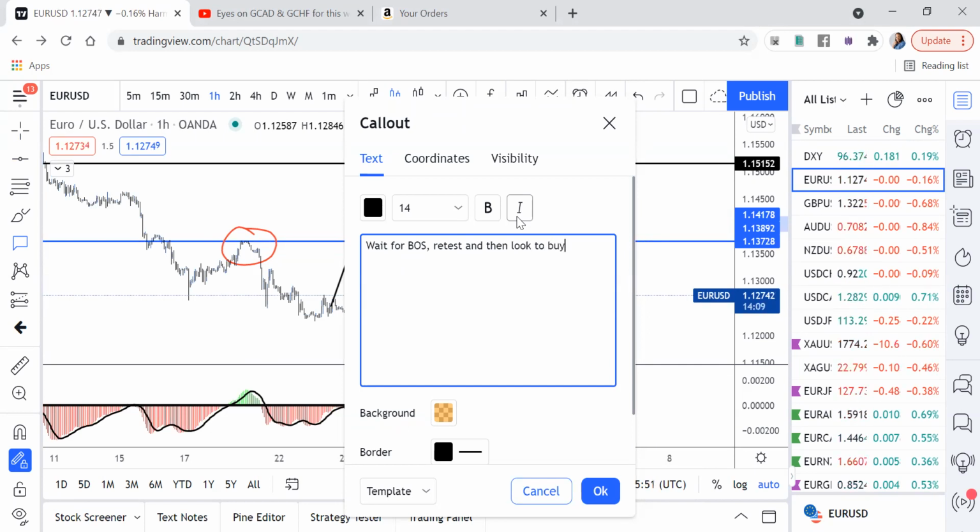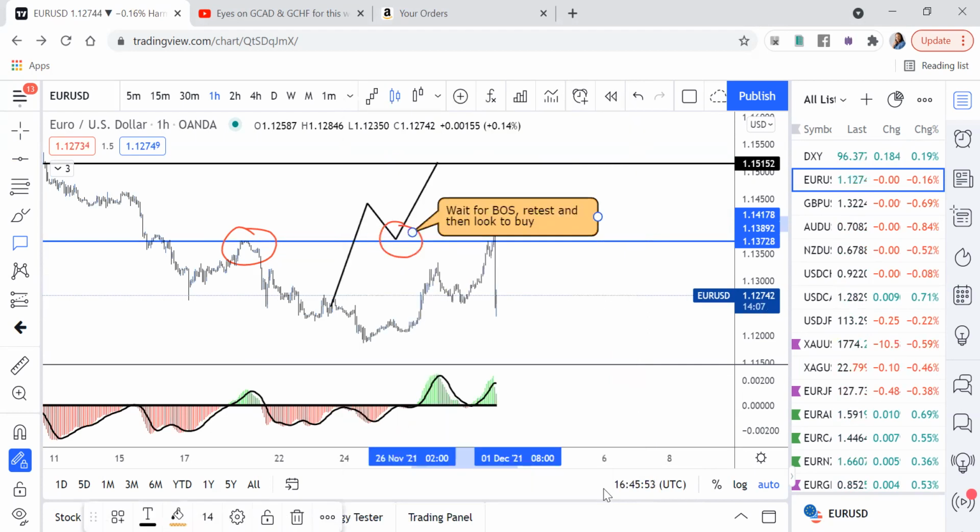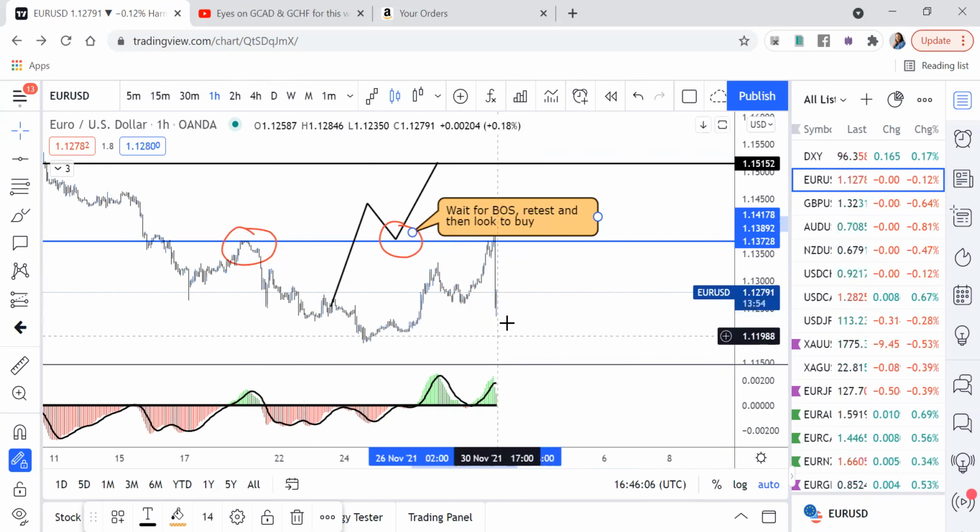So when I put this note, now everybody should understand the previous session, right? Everybody should know what I'm looking for, providing you're trading the 1 hour time frame here, guys. If you're trading the 15-minute time frame, this trade basically came into the zone and the buy would have been confirmed.